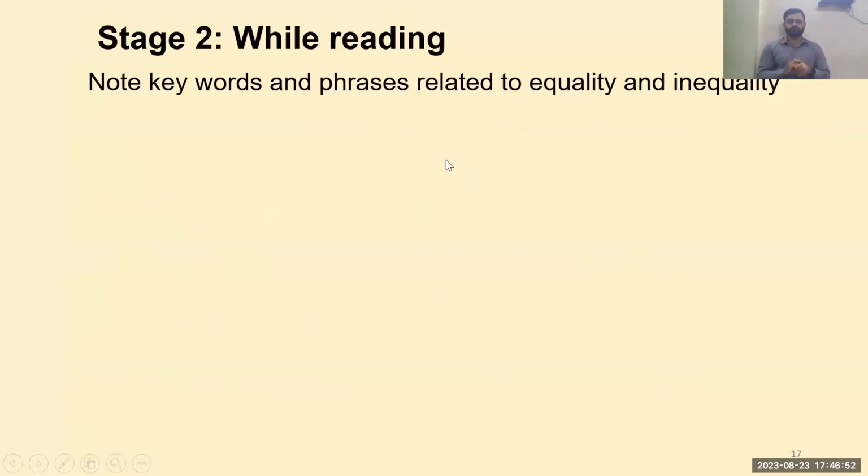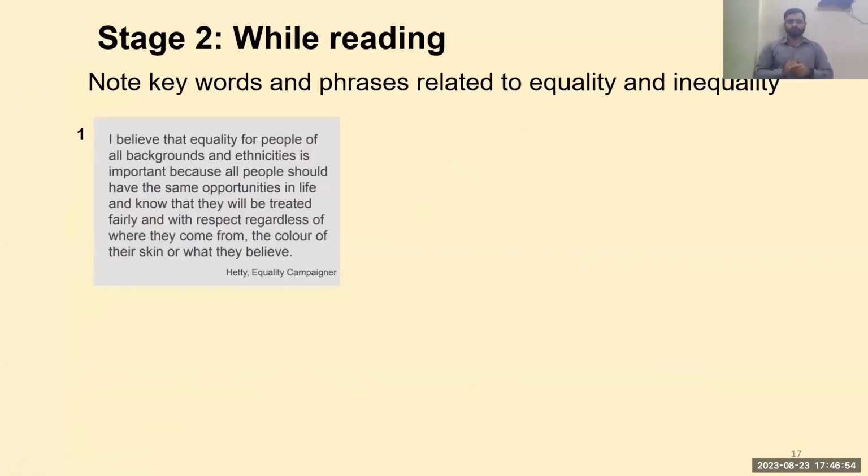So let's look at the texts. The first one is from a person called Hetty. She says, I believe that equality for people of all backgrounds and ethnicities is important because all people should have the same opportunities in life. They should be treated fairly, regardless of where they come from, the color of their skin, or what they believe.